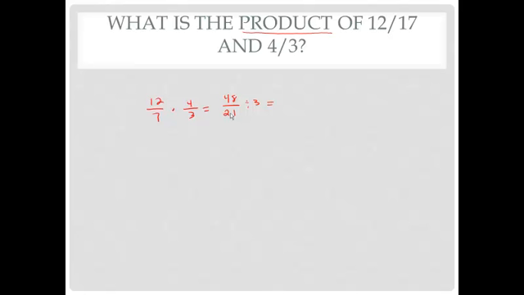Same thing down here, 2 plus 1 is 3, and we know 3 goes into 3, so therefore the little trick or rule says that 3 will also go into 21. Alright, so we can divide both of these by 3. 48 divided by 3 is 16. 21 divided by 3 is 7. Now, if the problem asks for a mixed number, then we'll convert that to a mixed number.